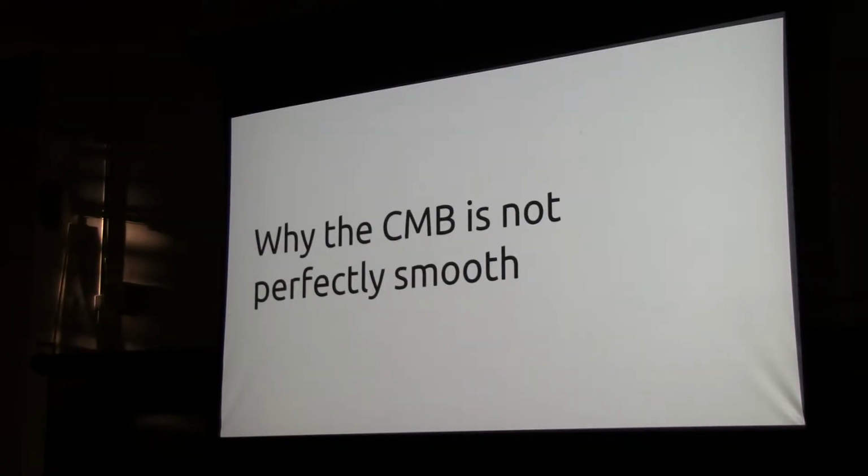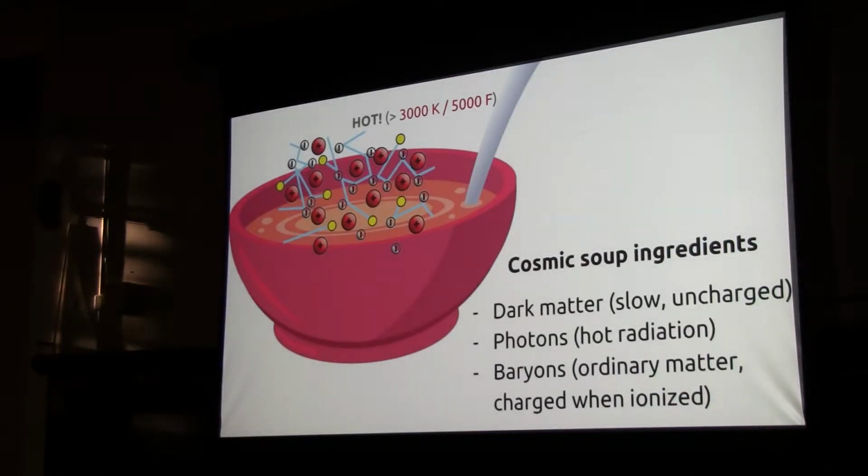But first, let's try to understand why the CMB is not perfectly smooth. To understand that, we have to go back to this picture again, this ionized plasma. Early in the universe, at a redshift of 1000, everything was extremely hot, as I mentioned. The ingredients in this extremely hot cosmic soup are mainly three things. The first is a large fraction of dark matter. The ordinary stuff around us is not made up of dark matter, but most of the universe is.